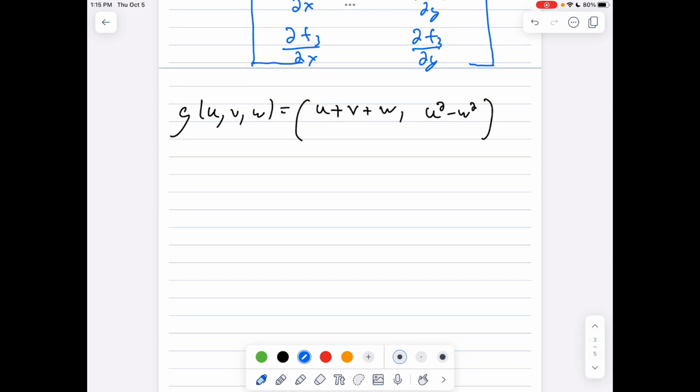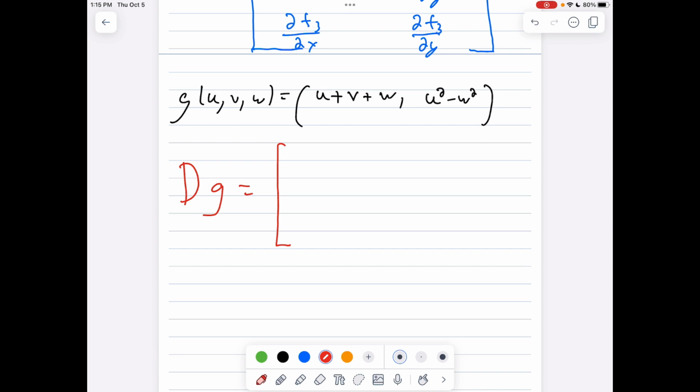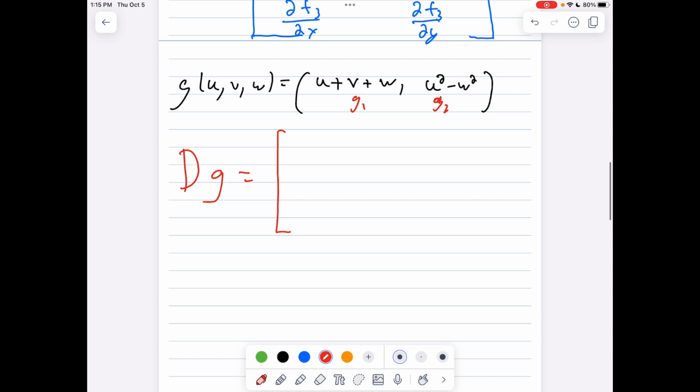All right, so now we're going to compute Dg, and I'm going to do this in a very similar manner. I'm going to take a look at the number of functions we have. In this case, the 2 components, that's g1 and that's g2, or if you prefer to call them x and y as well. But I think it's more standard to write them out with the subscript notation. And we have 3 variables here.